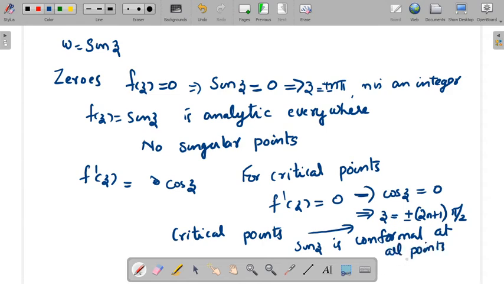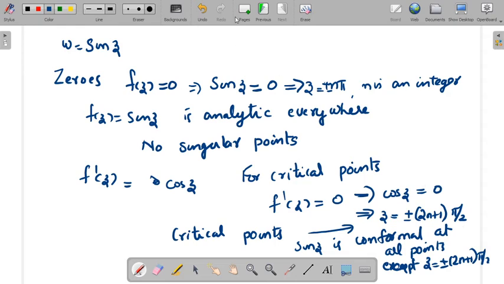So at all points where the derivative is non-zero it will be conformal, so at all points except z is equal to plus or minus 2n plus 1 pi by 2. Since the derivative is 0 at these points, there will be no conformality. So it is conformal at all points except z is equal to plus or minus pi by 2.